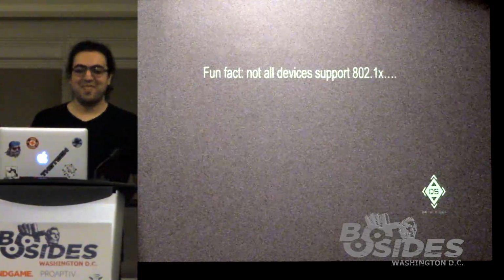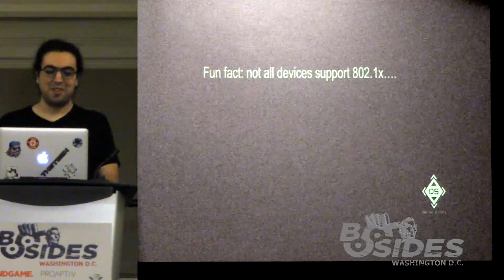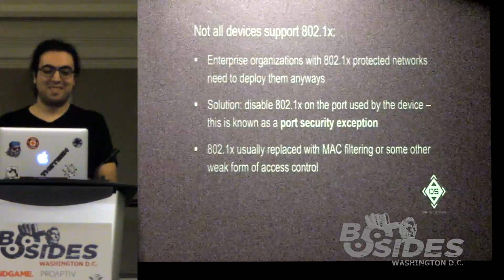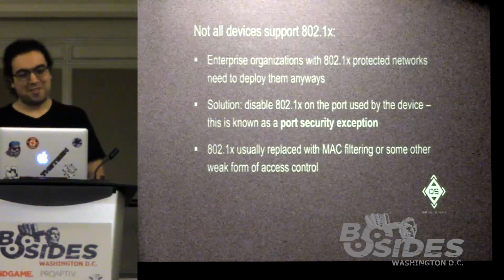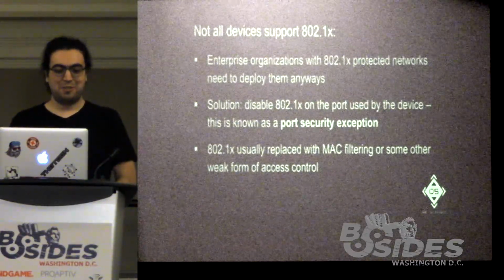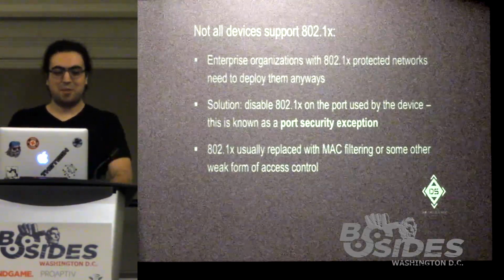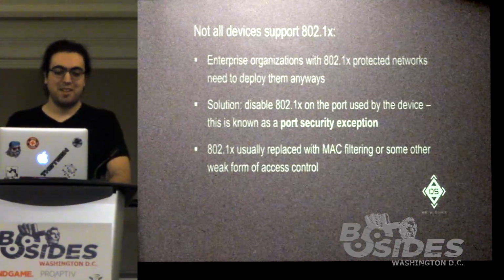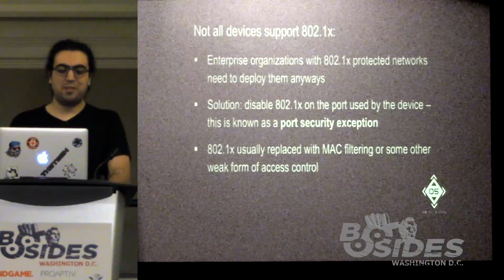Fun fact, not all devices support 802.1X. Whether you're a sysadmin or a pen tester or whatever, you've probably run into this before, right? Not all devices support 802.1X, yet enterprise organizations typically need to be able to place these devices within their 802.1X protected networks anyway. So historically, the solution whenever you run into this issue is to simply disable 802.1X on the port used by that device.